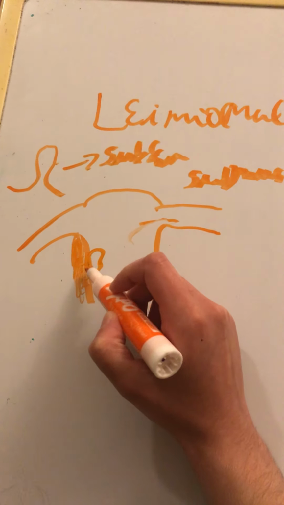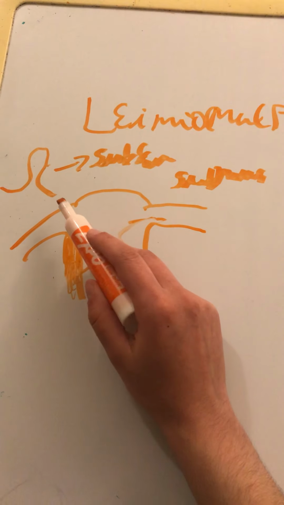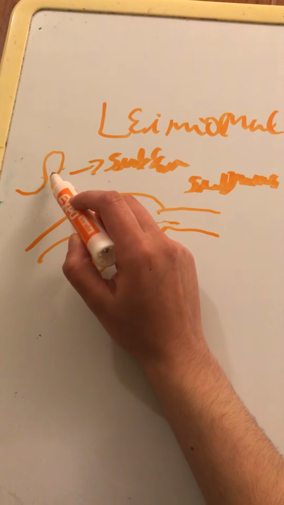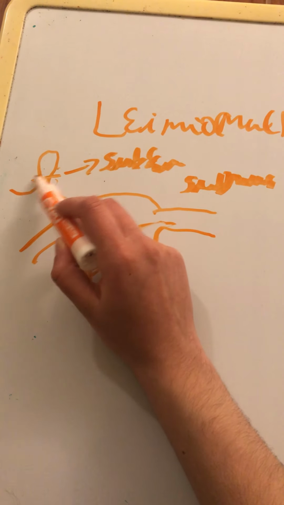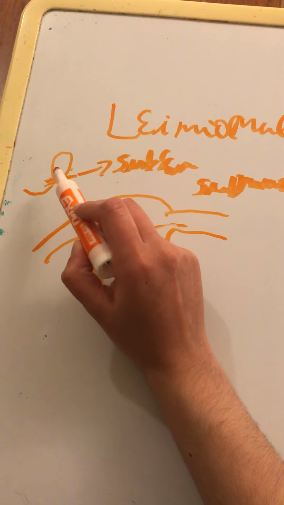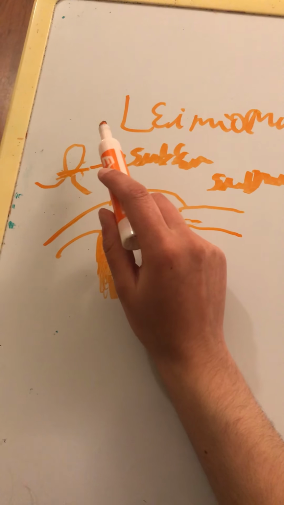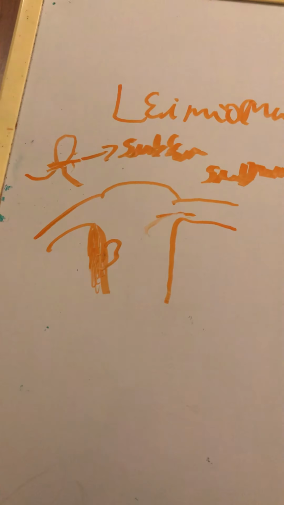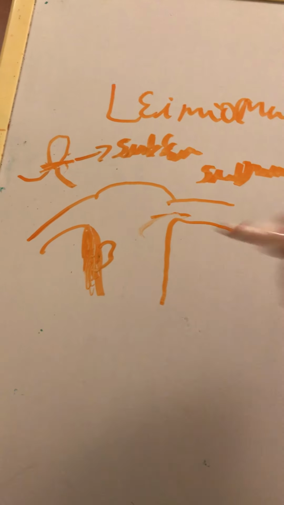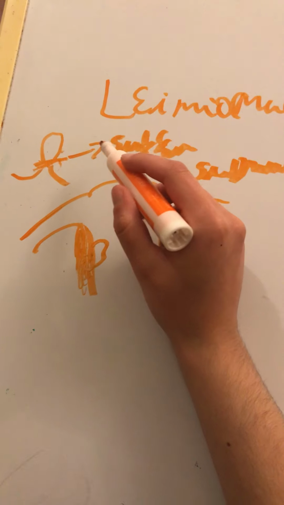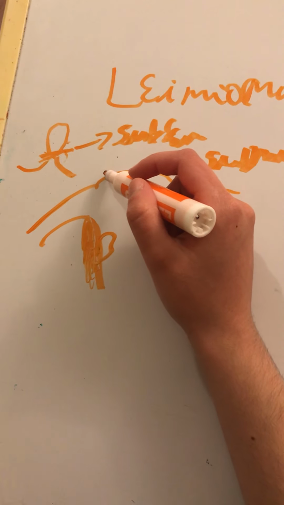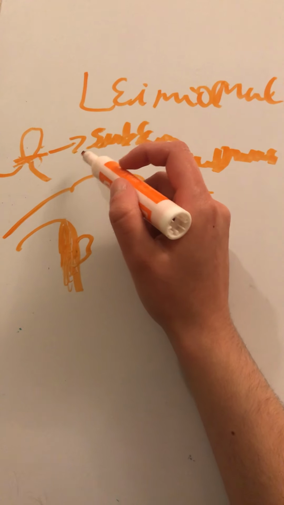Here, the subserous are usually pedunculated, and because they are pedunculated, if this stalk is cut, these fibroids can go to the peritoneal cavity, and these are called parasitic fibroids. That's traveling. They could also be on the cervix or ovary, etc.